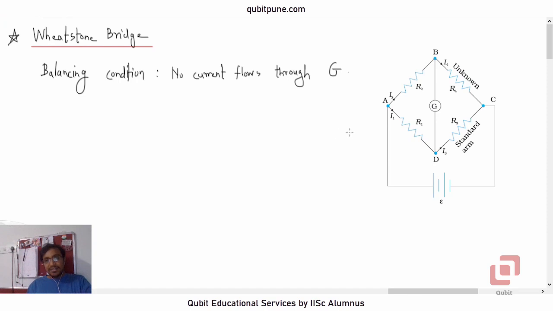And what is the condition for balancing using the ratios? The ratio condition is R1 is to R2 is equal to R3 is to R4. That's the balancing condition. So if 3 of these resistances are known, then the 4th one can be very easily calculated. That is the Wheatstone's bridge balancing condition. Clear?